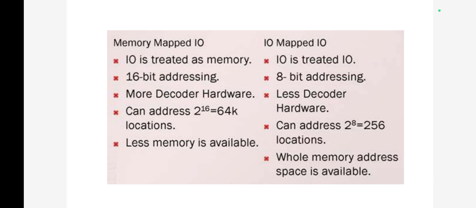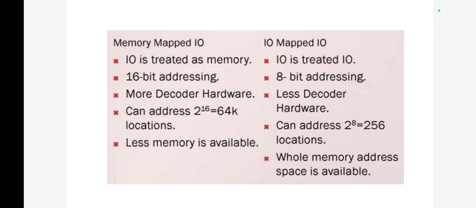Memory mapped IO uses 16-bit addressing, whereas IO mapped IO uses 8-bit addressing. Memory mapped IO needs more decoder hardware, whereas IO mapped IO needs less decoder hardware. Memory mapped IO can address up to 2 power 16, that is 64K locations, but IO mapped IO can address only 2 power 8, that is 256 locations, and less memory is available in the case of memory mapped IO.